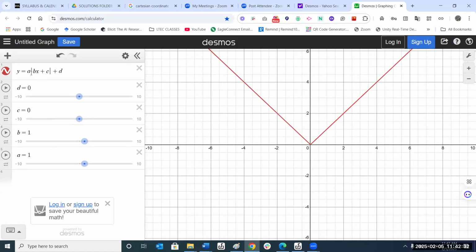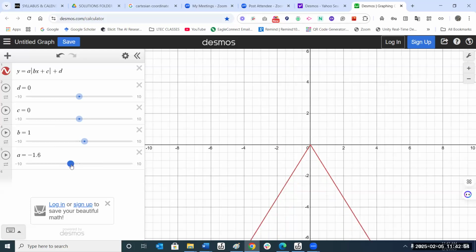So what do you think if A becomes an integer greater than 1, what is going to happen to the graph? The bigger A gets, the skinnier it becomes. What about if it becomes negative and it gets big?